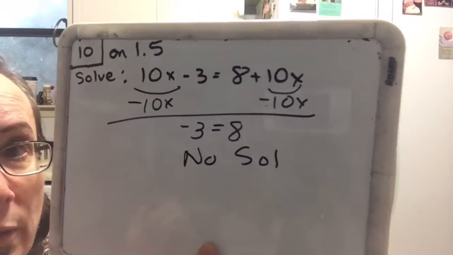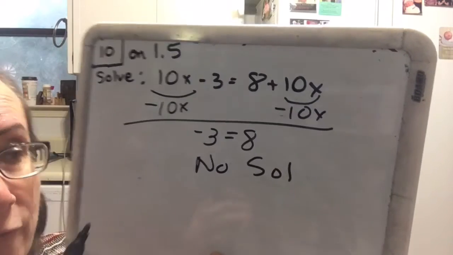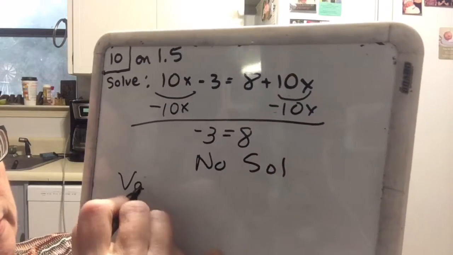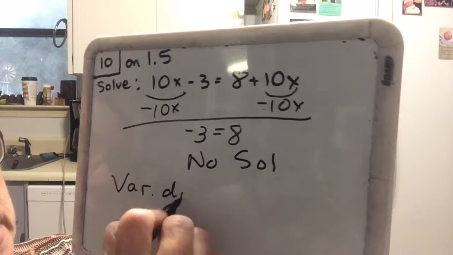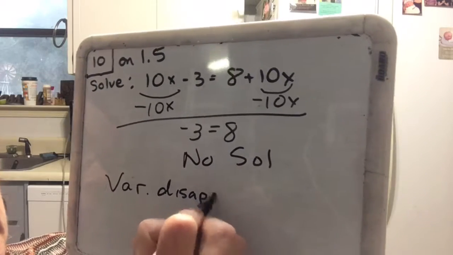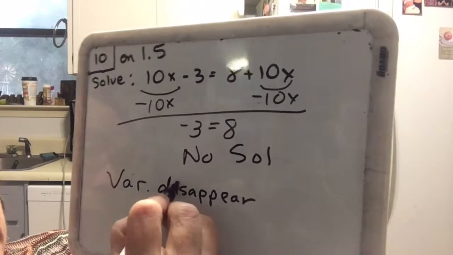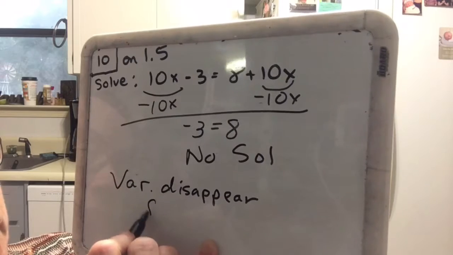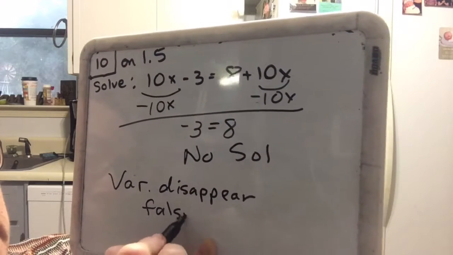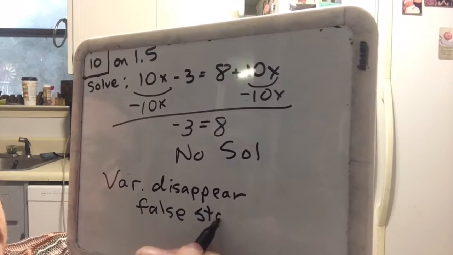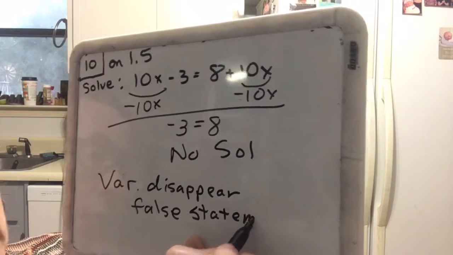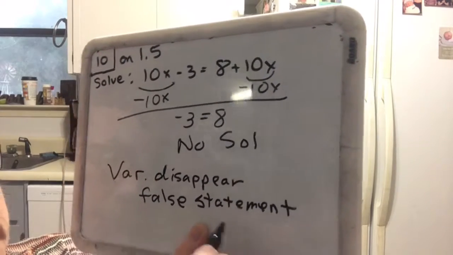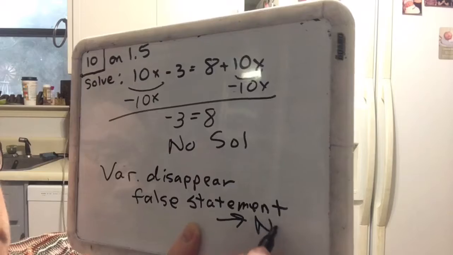Okay, so when we're doing a problem like this, if our variables just disappear and we are left with a false statement, then we have no solution.